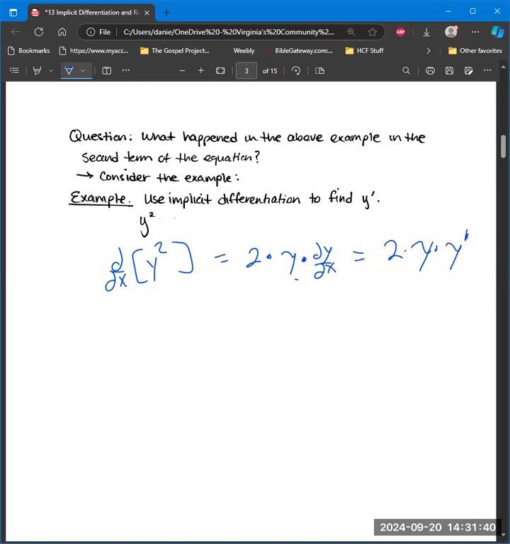You'll see in some later examples why I like the dy/dx notation as opposed to the y prime notation when we get to something called related rates that we're about to talk about.